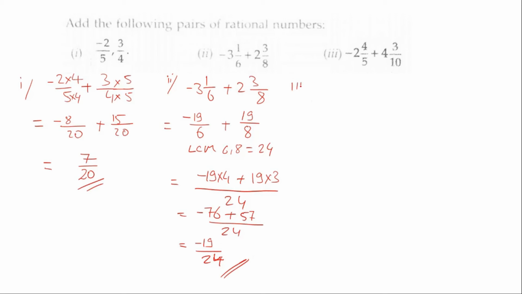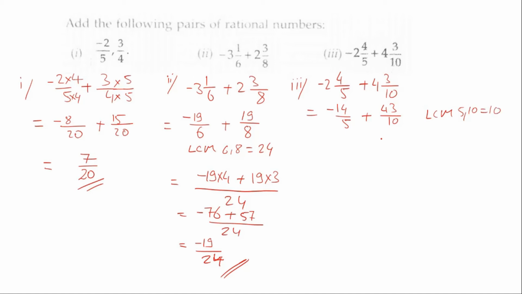Now let us move to number 3. Minus 2 whole 4 by 5 plus 4 whole 3 by 10. Same, the first work is to convert mixed fraction into improper fraction. So it will be minus 14 by 5 plus 43 by 10. Now find the LCM of 5 and 10.